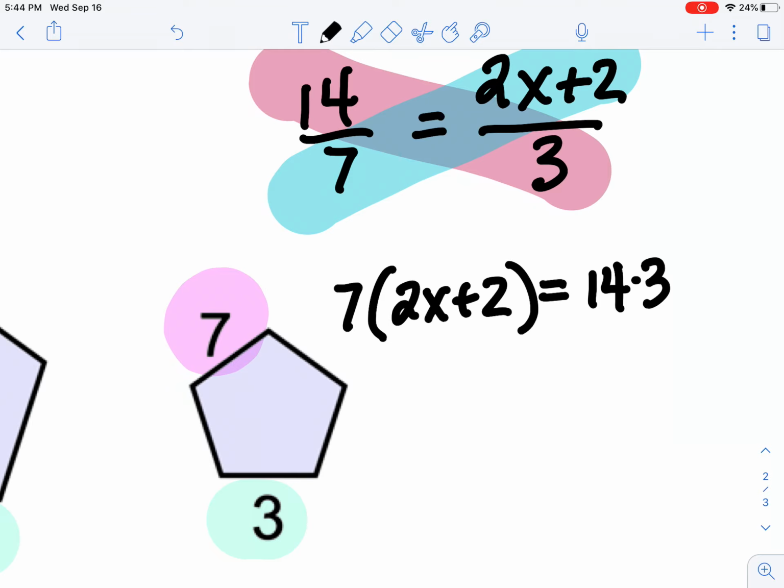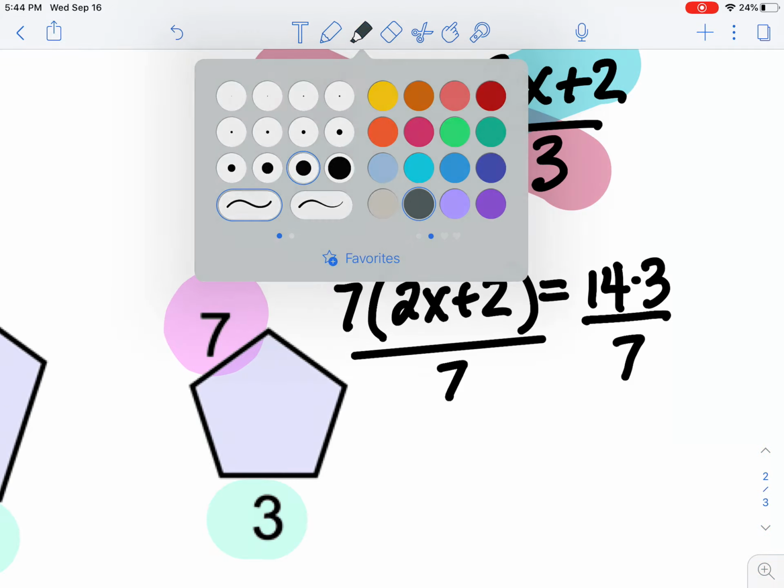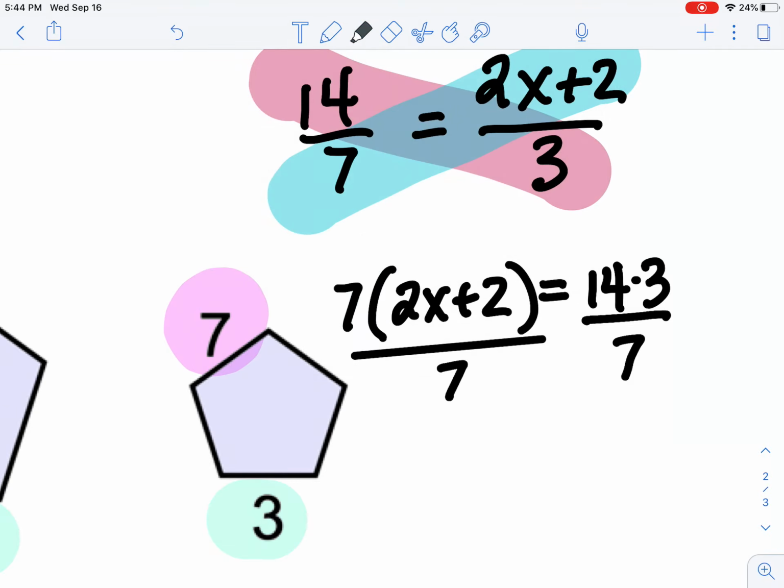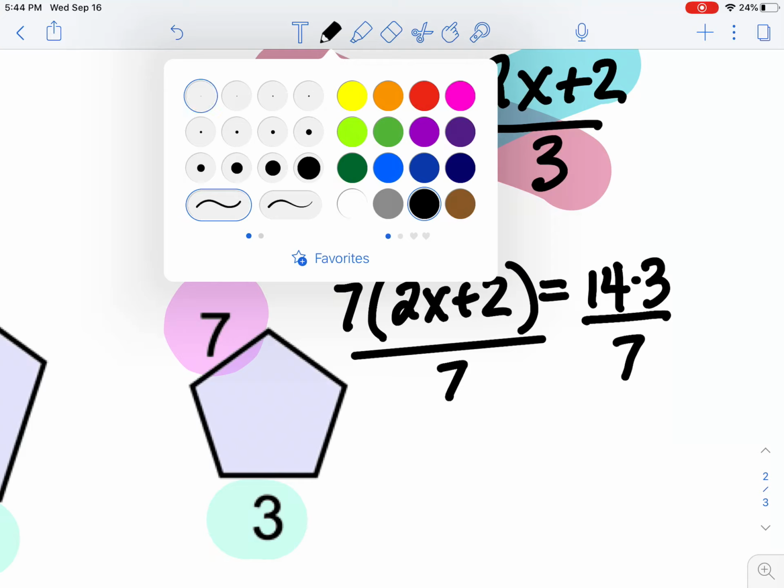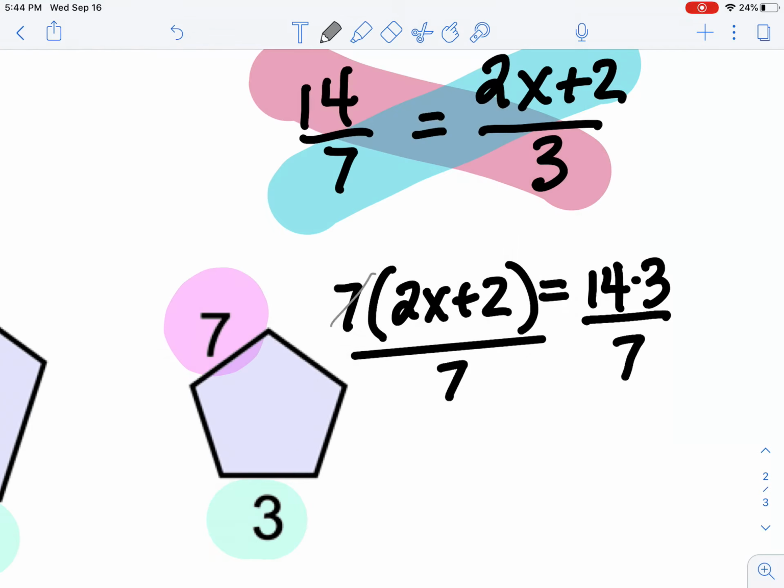But we could do it without a calculator if we don't even worry about distributing. We can just divide both sides by 7. That would cancel out the 7 on the left. And then on the other side, remember in your head that 14 is 7 times 2. So we could cancel out the 7 on the bottom with the 7 from the factors of 14.